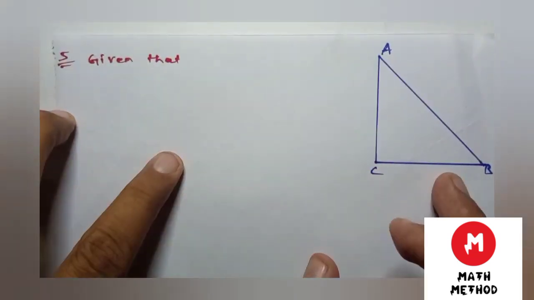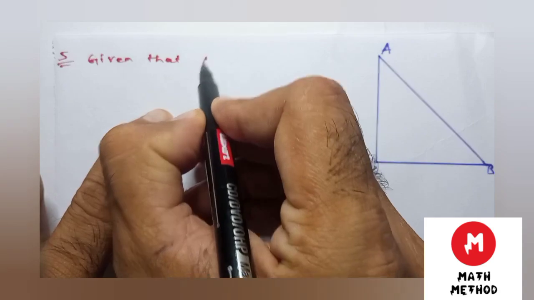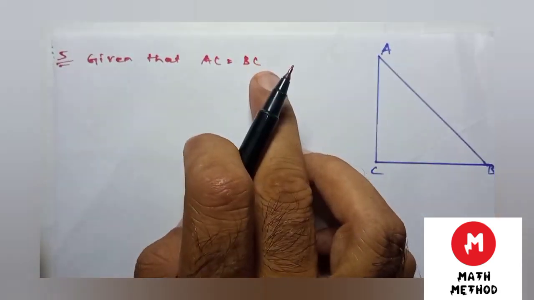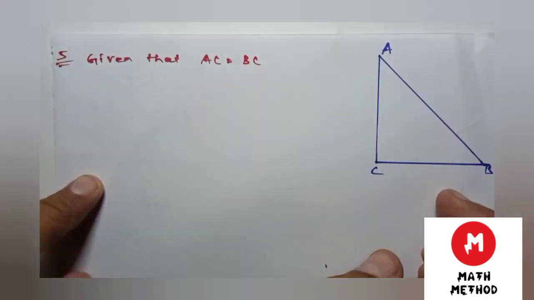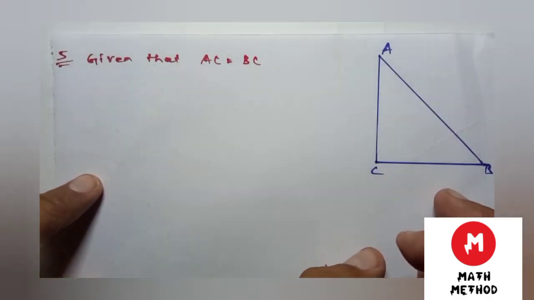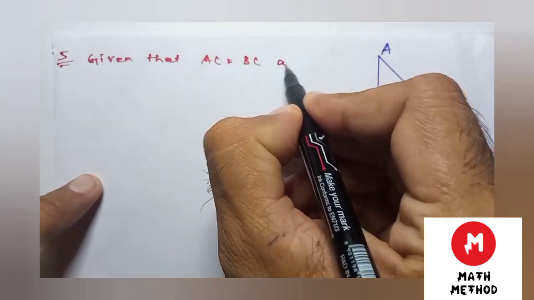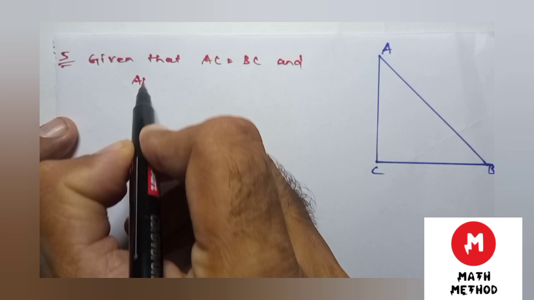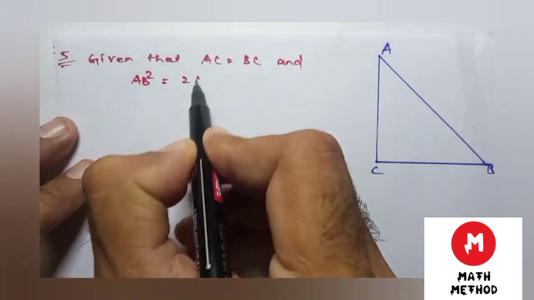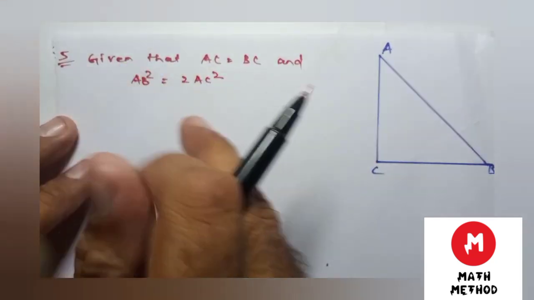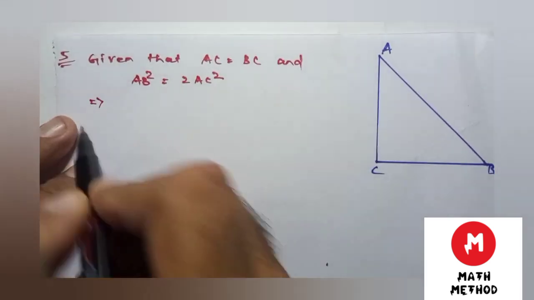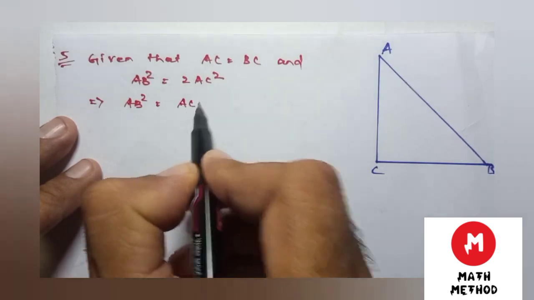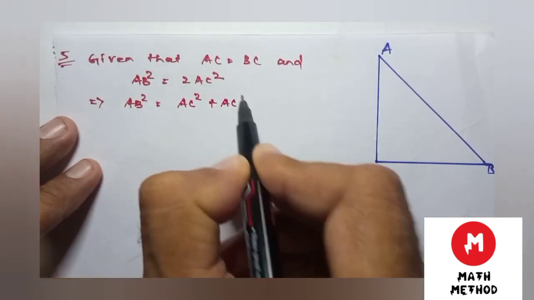AC is equal to BC, and because AC is equal to BC, ABC is an isosceles triangle. And AB square is equal to 2AC square, which means AC square plus AC square.